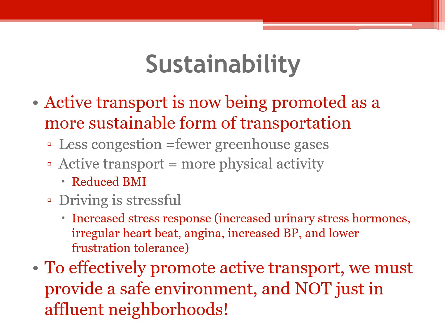Encouraging active transportation, meaning bicycling and walking, is being promoted in a lot of metropolitan areas as a more sustainable form of transportation. Again, you get less congestion and fewer greenhouse gases. As citizens get more physical activity because they're choosing a more active form of transportation, the thought is this might help address the obesity epidemic that continues to be a problem here in the United States.